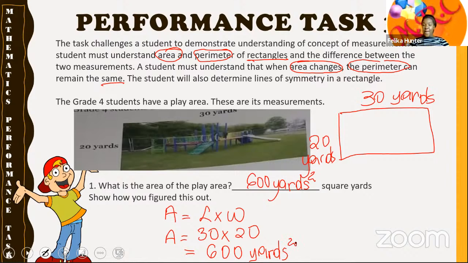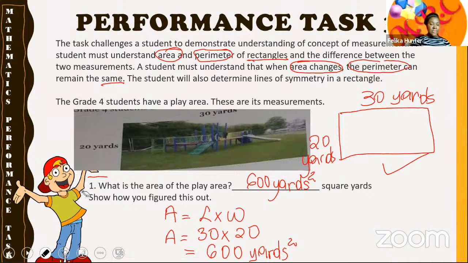All right. So for this question, all I want you to do is draw in your book a representation of the diagram as I've drawn over here. Draw the rectangle showing the 30 yards by 20 yards, and then write down your question, which states, what is the area of the play area? And show your solution.